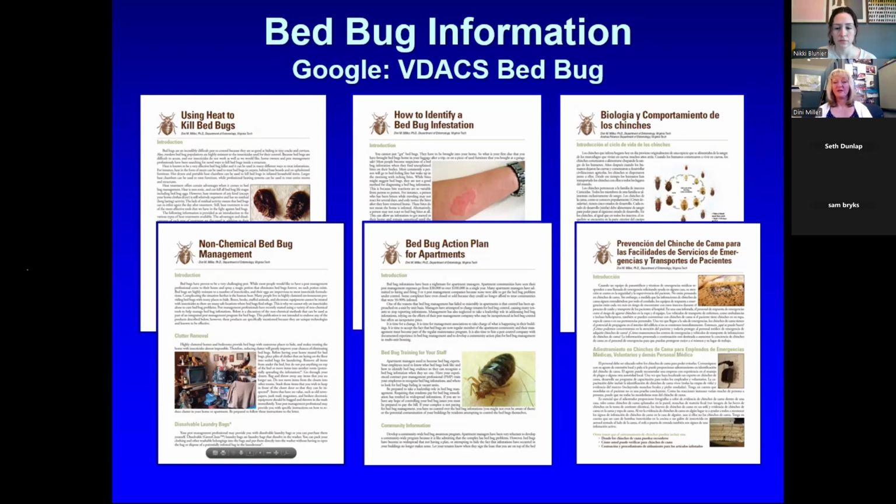So I worked with one of the large property management organizations, and we developed a system for treating vacant units. We never treated occupied units with heat treatment because it was just too involved. But we would do control in vacant units to eliminate the bed bugs, and we would use heat treatment.